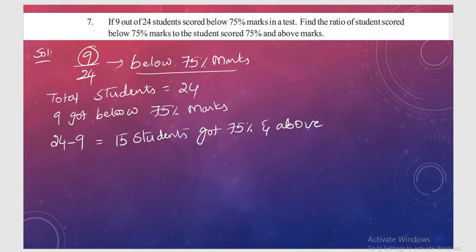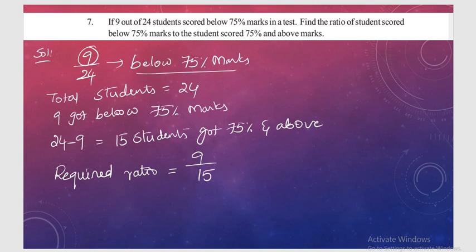So finally, what did he ask? Find the ratio of the students who scored below 75 to the students who scored 75 and above. So the required ratio is: below 75, how many? 9 members, by above 75, how many? 15 members.